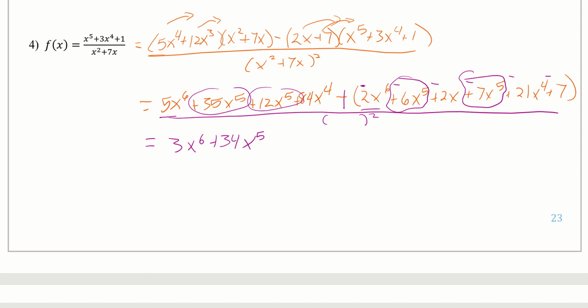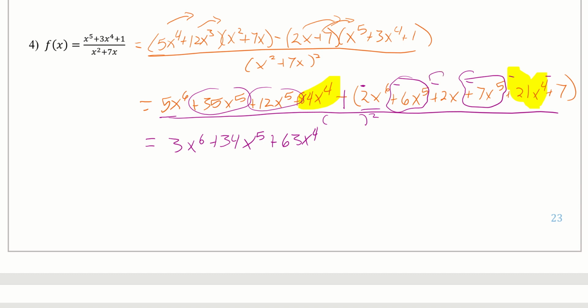Now looking for the fourths. We got a 4th here and a 4th here. Don't forget about that negative up there. So 84 minus 21 should be 63. Okay, we got that, so x to the 3rd, I don't see 3rd, I don't see 2nd.